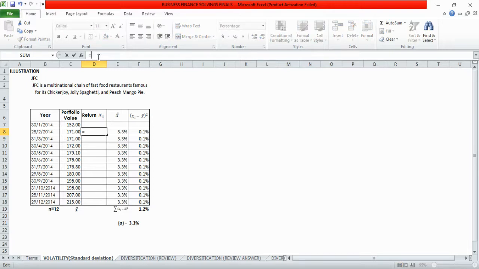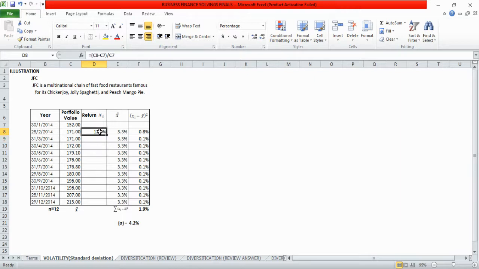You just have to subtract the current year and the previous year. So don't forget to put parentheses and divide the difference by the previous year, of course. So we will have the answer for this.